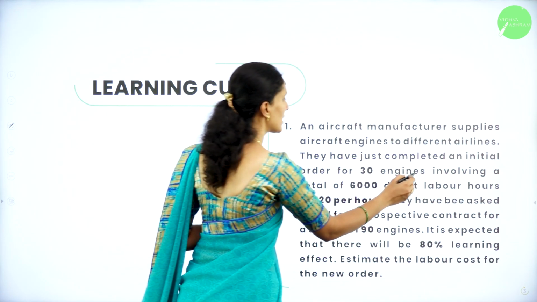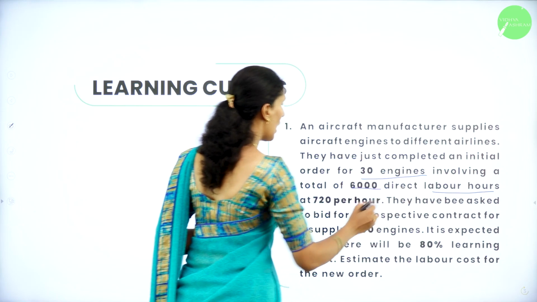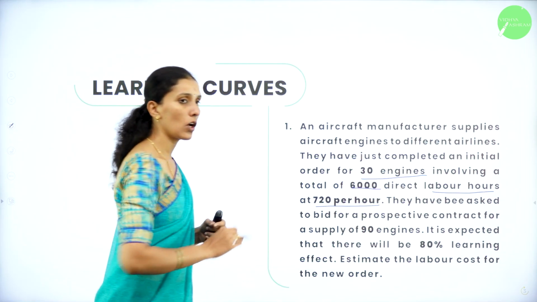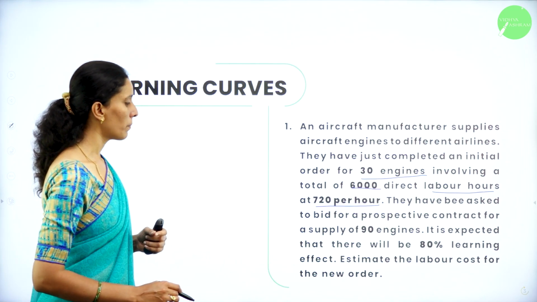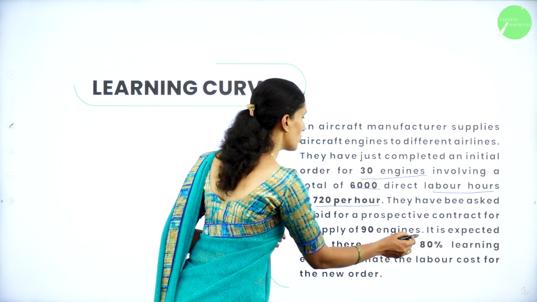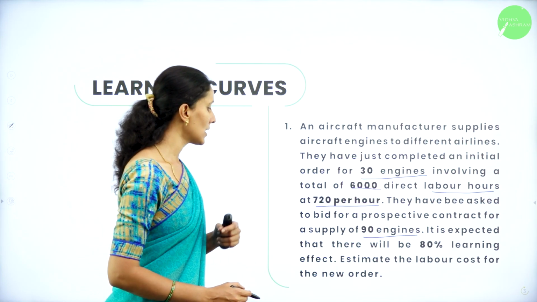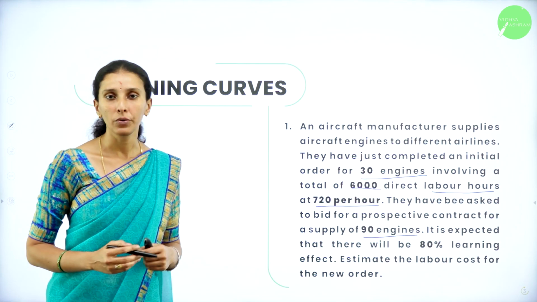So to produce 30 engines, we need 6,000 labor hours at 720 per hour. So this is the cost per hour. They have been asked to bid for a prospective contractor for a supply of 90 engines. It is expected that there will be 80% learning effect. Estimate the labor cost for the new order.